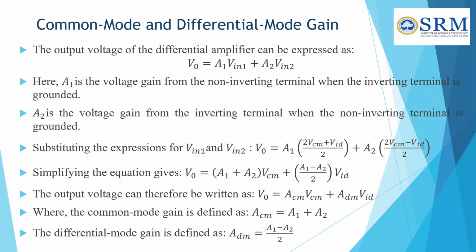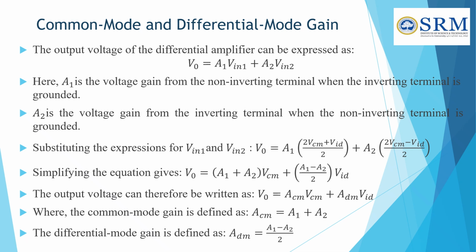By substituting the expressions for Vin1 and Vin2, we get Vout equal to A1 into (VCM plus VID by 2) plus A2 into (VCM minus VID by 2). By simplifying this equation, we get Vout as (A1 plus A2) into VCM plus (A1 minus A2) by 2 into VID.